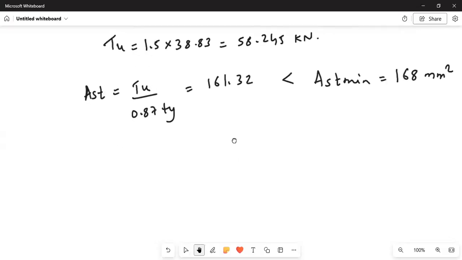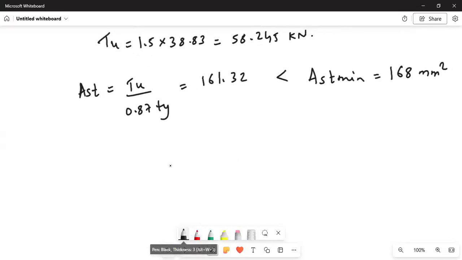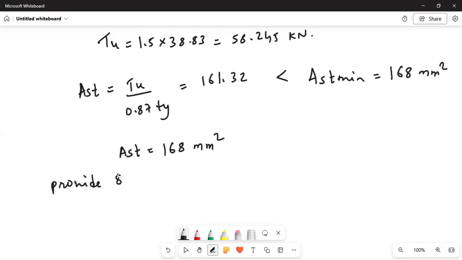So you need to consider AST equal to 168 mm square. So you can provide 8 mm bar at the rate of 290 mm center to center. Okay, I will show you the detailing.